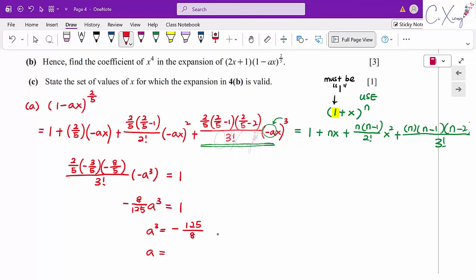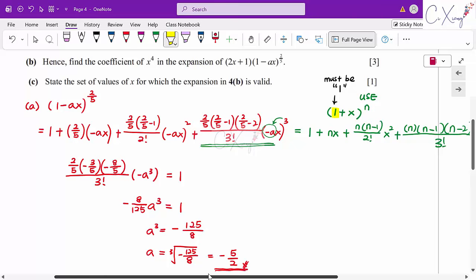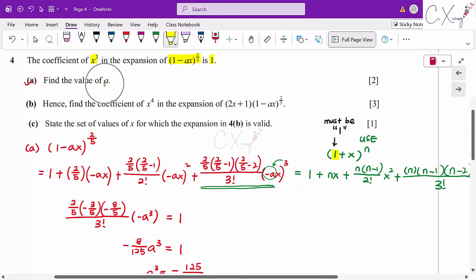We have to take the cube root, right? So the cube root of negative 125 over 8. So what do you get for the value of a? By right, your a should be equal to negative 5 over 2. Right, so this is what we have for part A, the value of a.